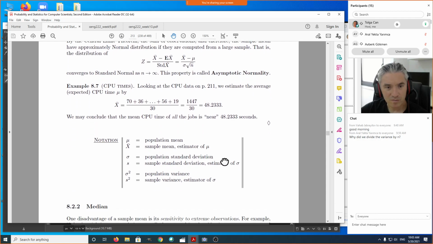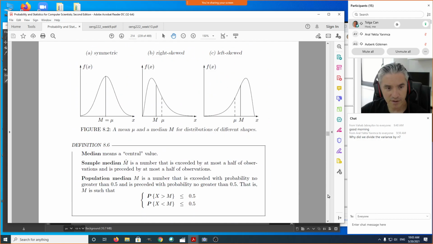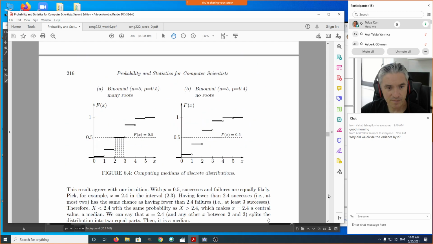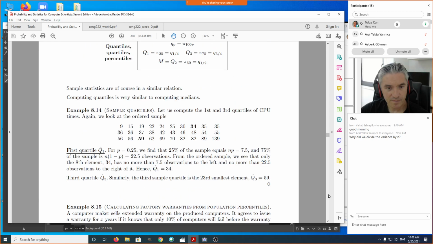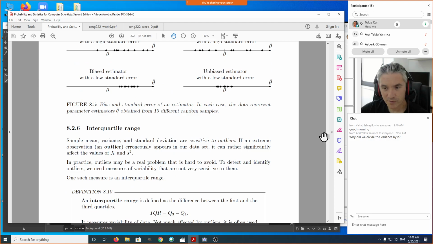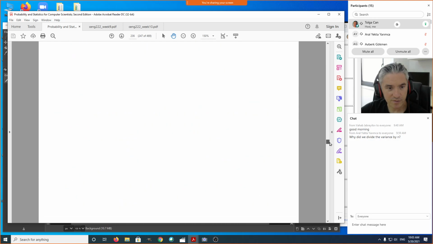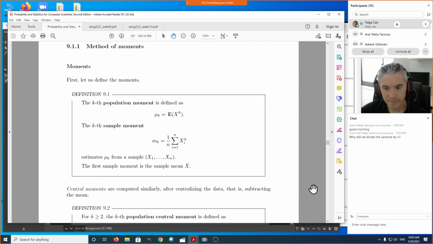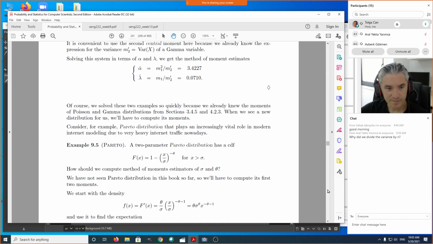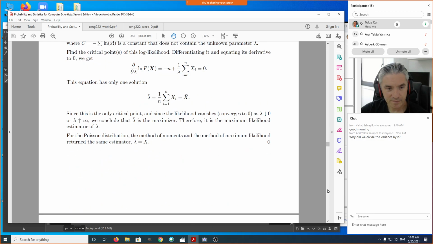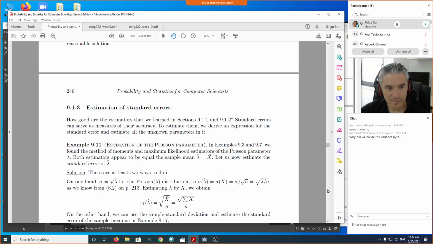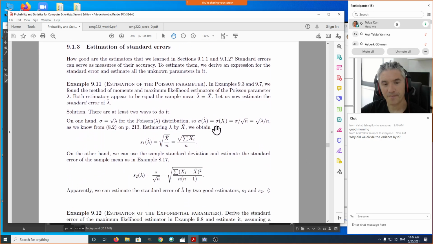So the standard error, not this one. Oh, it was a section, chapter 9 actually. Yeah, here.